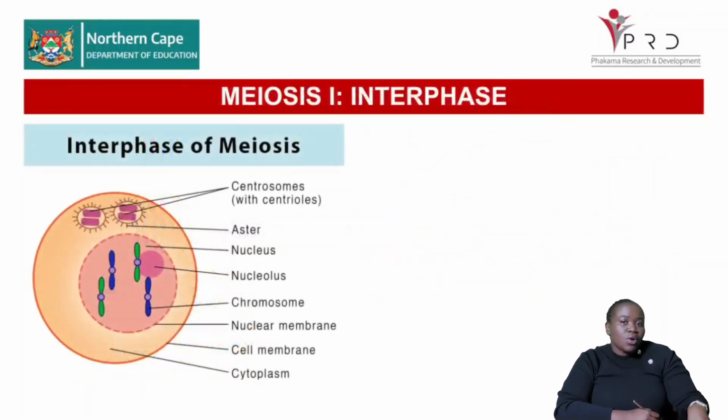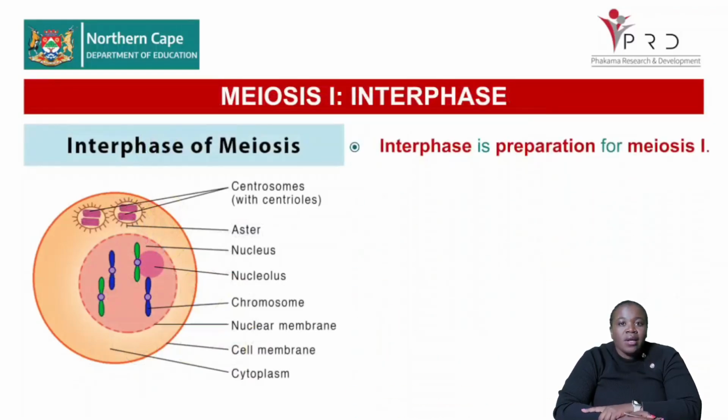Now we are going to get a reminder of why these cells end up being genetically different from each other at the end of the whole process. Okay, starting off with meiosis 1, we know that here we start off by looking at interphase. Interphase is a preparation phase for meiosis 1. And during this process, that is when DNA replication takes place.